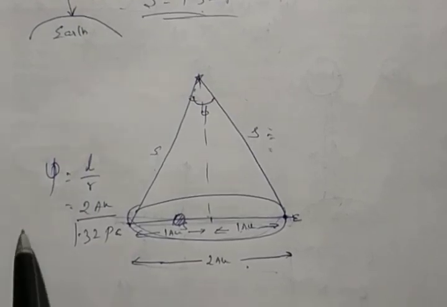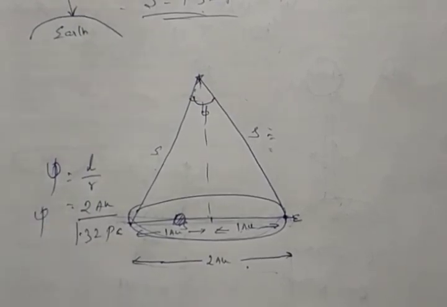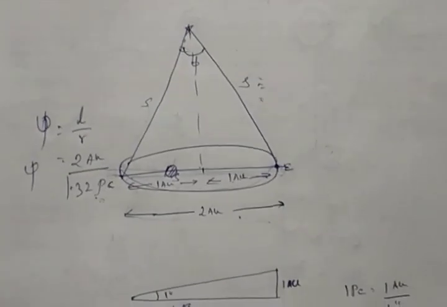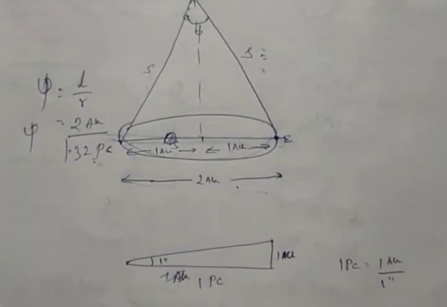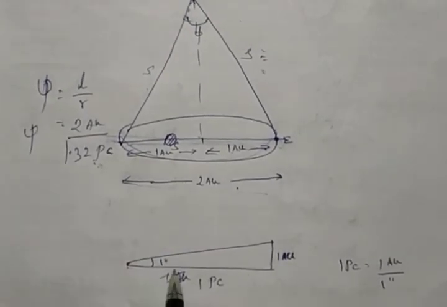Now we need to find out the angle here: 2 astronomical unit upon 1.32 parsec. If you calculate in terms of meter also you can get it, but we have to use a little wisdom to find out what is parsec. Parsec is basically the horizontal distance when an angle of 1 second subtends with the perpendicular distance of 1 astronomical unit.